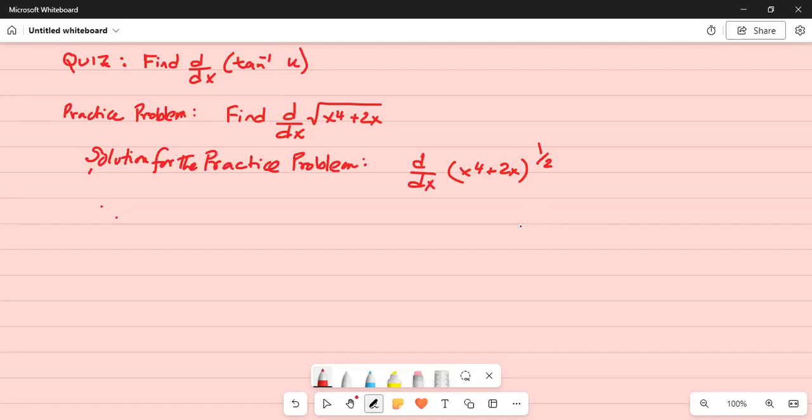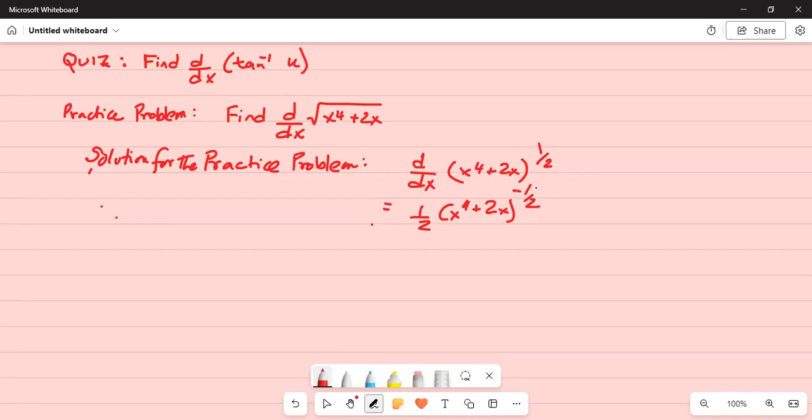This will be written as equal to half (x^4 plus 2x). So we are using the chain rule of derivation. Half minus 1, so it is minus half.